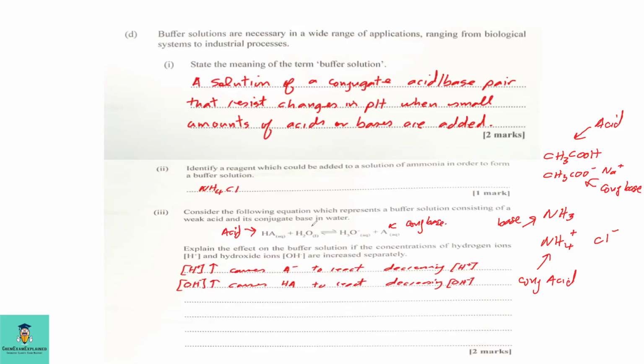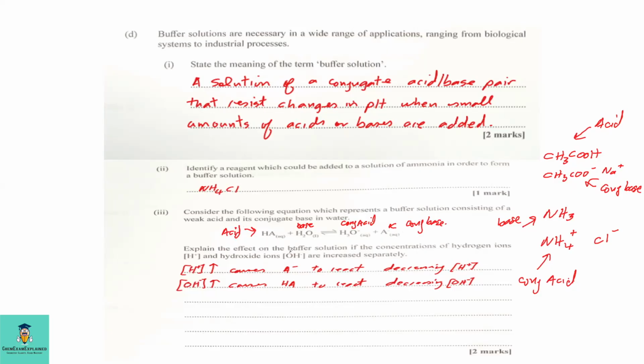But when you react this acid with water, it means then that if HA is the acid, then water must be the base. And if water is the base, then it forms a conjugate acid here. The hydroxonium ion, H3O plus, is now the conjugate acid. So you notice that for this reaction, we have a conjugate acid-base pair.